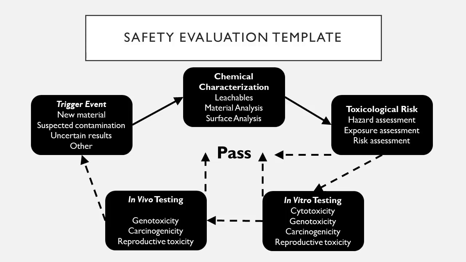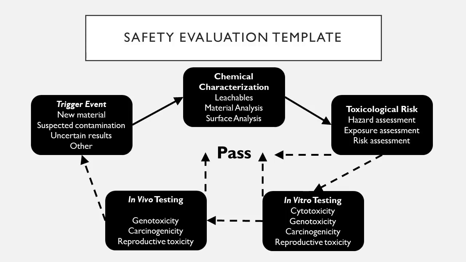Or, again, if they raise any concerns, that might progress towards in vivo testing, which tests many of the same exact things that we just tested in the in vitro testing stage. Again, at this point, this might pass and the material might progress towards clinical trials. Or if enough concerns are raised through in vitro and in vivo testing, the engineers might have to go back and change the materials that they're using.